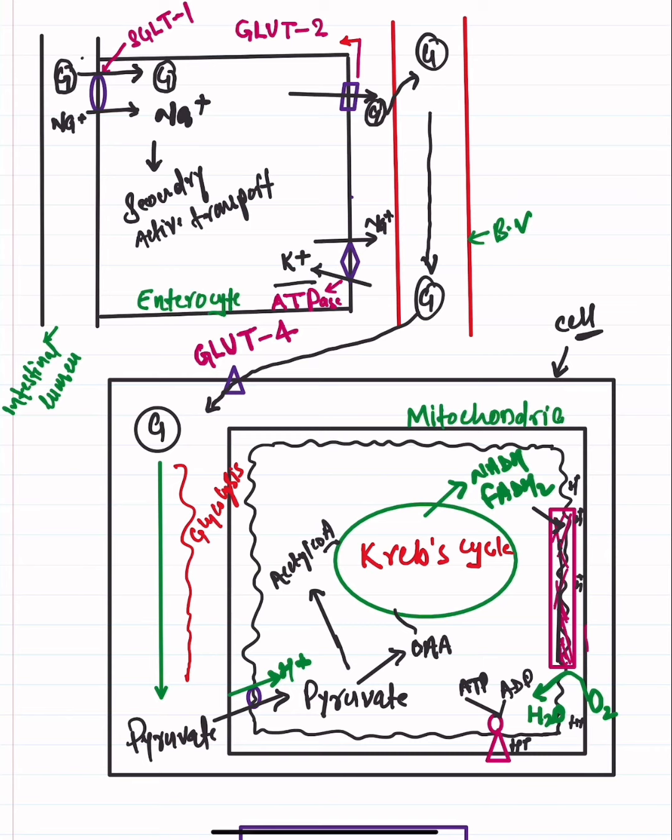You can see we have discussed many things here, and many questions arise. The first question is, what is the location of glycolysis, right? What is the location of the Krebs cycle? What is the location of the link reaction? What is the location of the electron transport chain? You can answer all these questions from this discussion. You can answer the transporters as well.